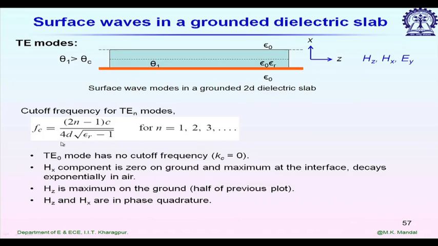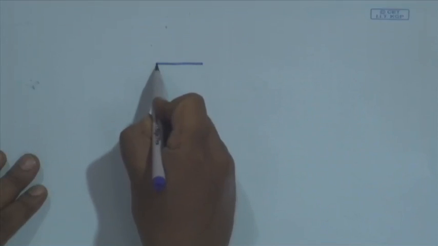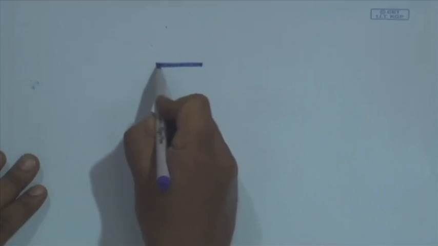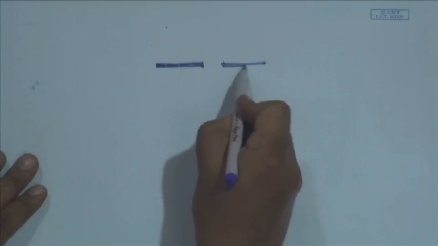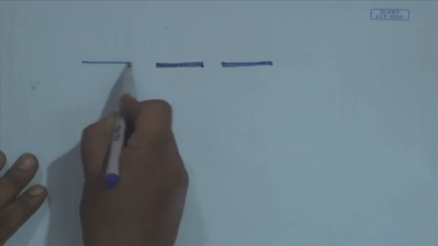Now, usually for microstrip line we do not face any problem for TE modes, but we face problems for CPW lines. Why? Let us first see the field plots of a CPW line. So, how does the CPW line look? Let us say this is the central strip of a CPW line, and we have left and right ground planes.